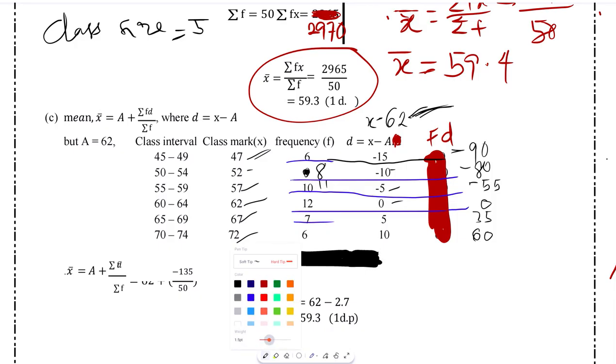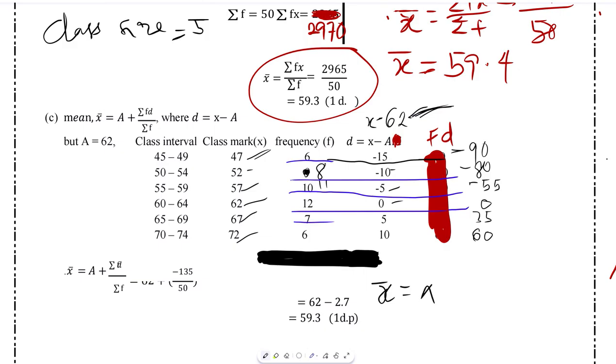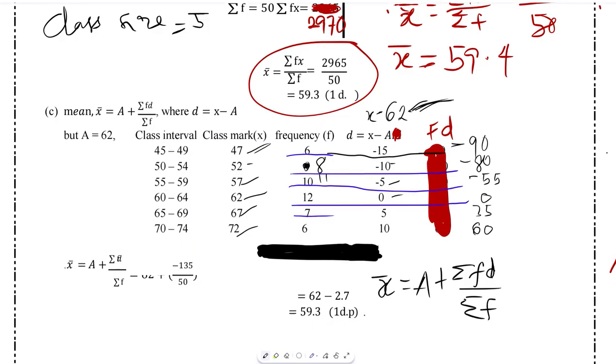So now look at our formula: x bar equals A plus summation FD over summation F. Are you seeing that?